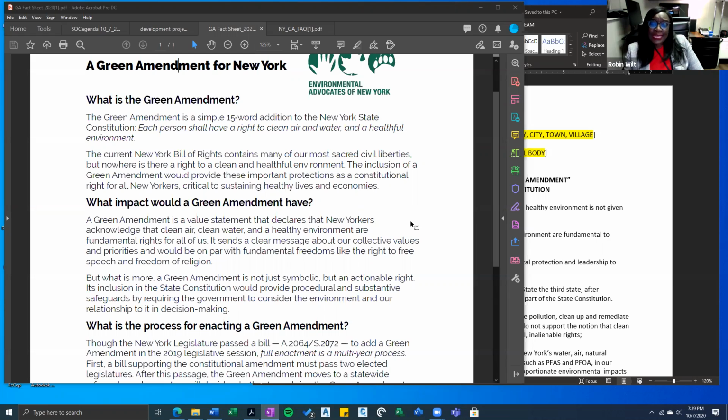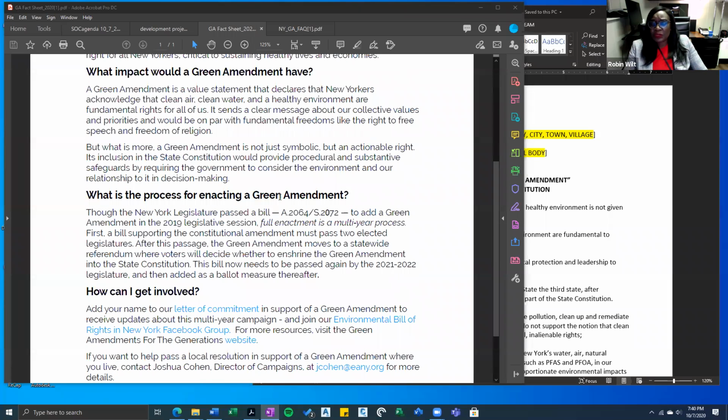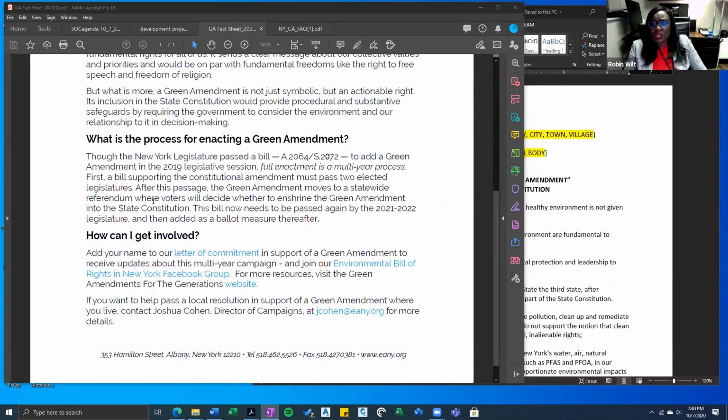So the process of a constitutional amendment takes passage of the amendment through two legislative sessions. This resolution has already passed the New York State Legislature in 2019, and it passed overwhelmingly.